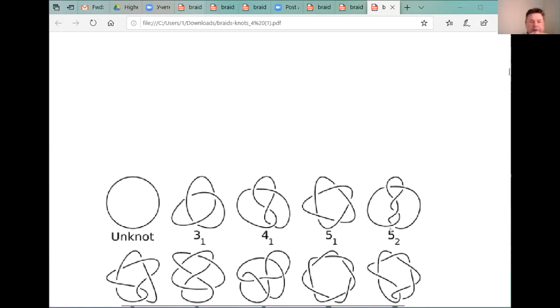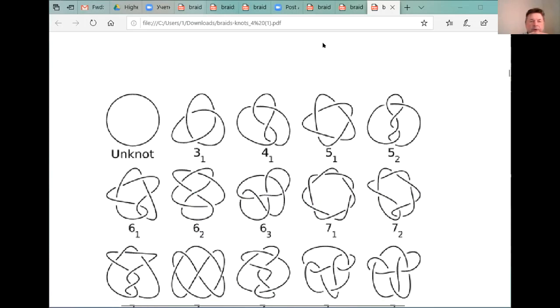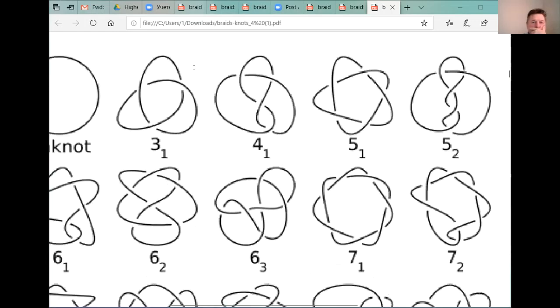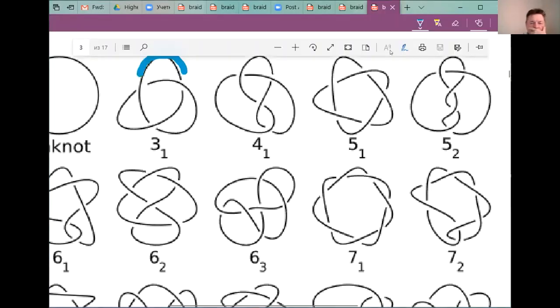Let us take the trefoil and let us consider orientation once more. Let it be oriented. Let us take the orientation of our thing.